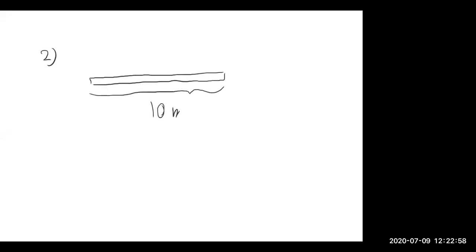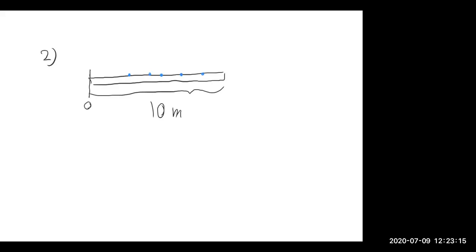Okay, so suppose we have a wooden stick. Say it is 10 meters, okay? And suppose there are some ants on this wooden stick. So I would give coordinates to them.